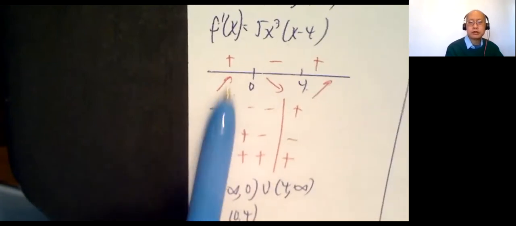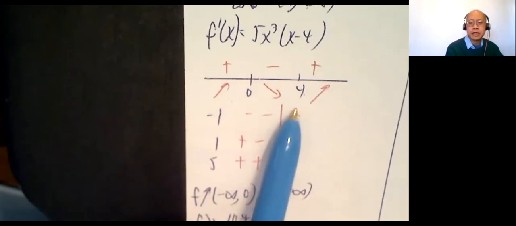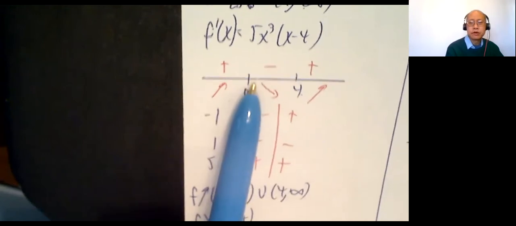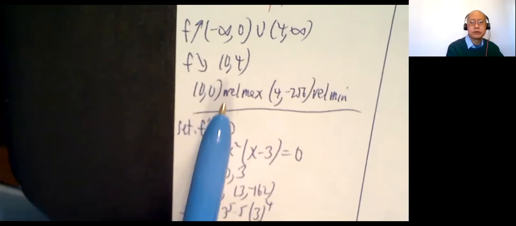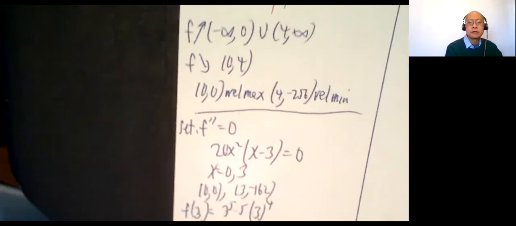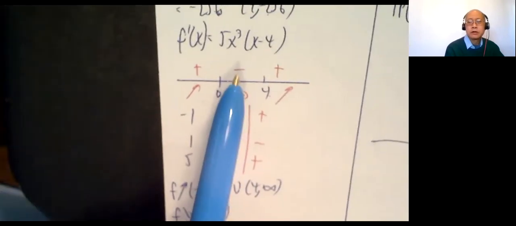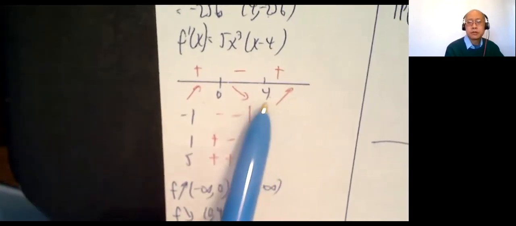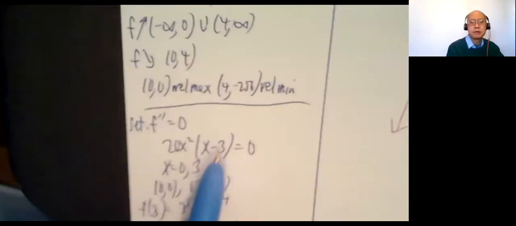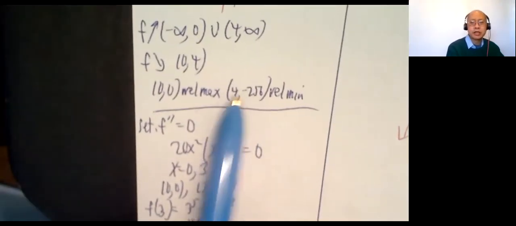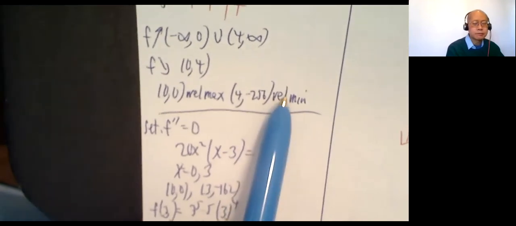If your roller coaster goes up and then it goes down, what do you have at this point? Maximum. 0, 0 is a relative max. If you go down, you're riding a bus. It goes down, then it goes up. Minimum. 4 comma negative 256, relative minimum.